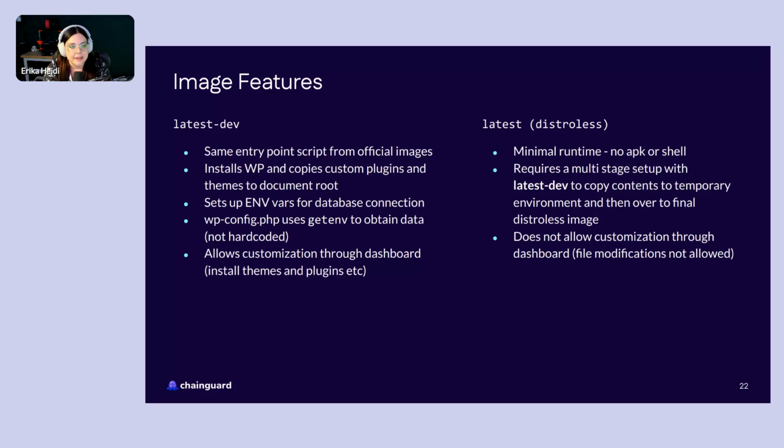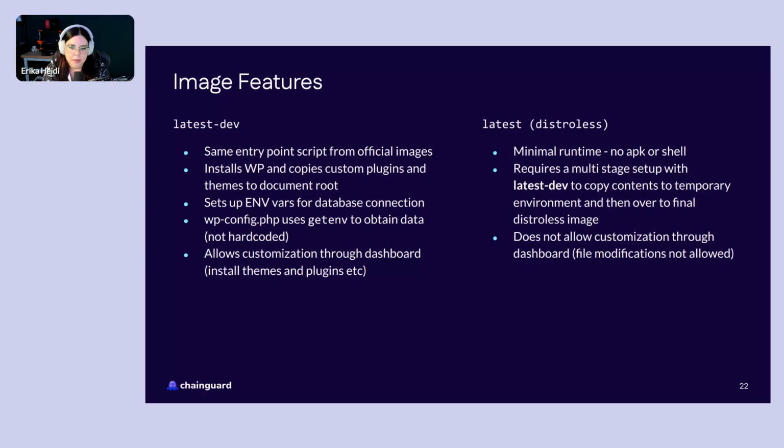And the latest is different. The latest is the distroless version. It's a minimal runtime. There is no apk, there is no shell, and it doesn't have the entry point script, because the idea is enforcing that you manually copy only the files that you need, and you cannot install anything extra.